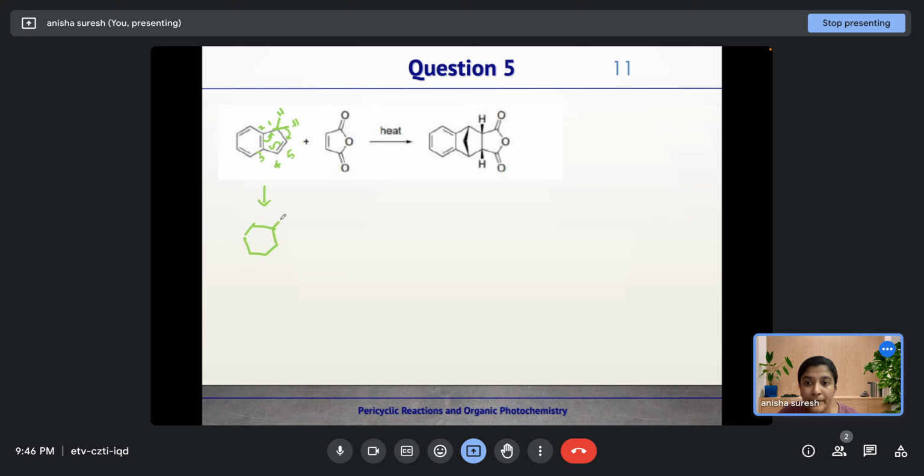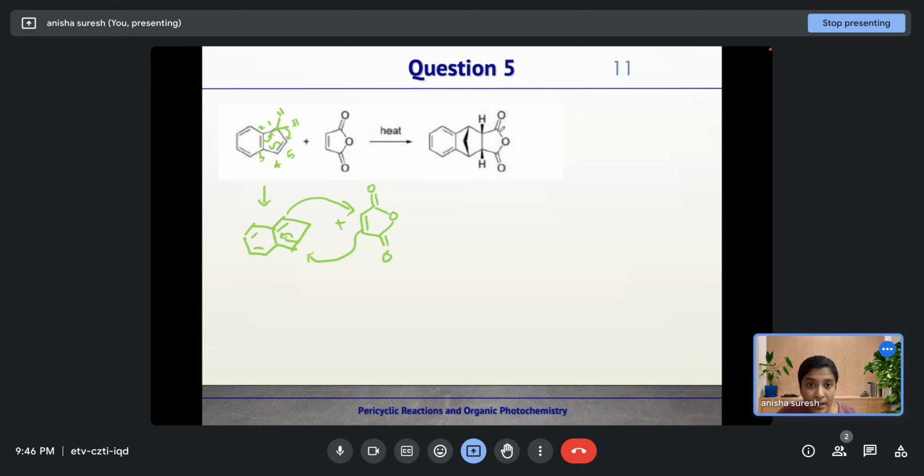a system like this. Okay, a system like this will be formed that will undergo 4 plus 2 cycloaddition with this dienophile giving the product.